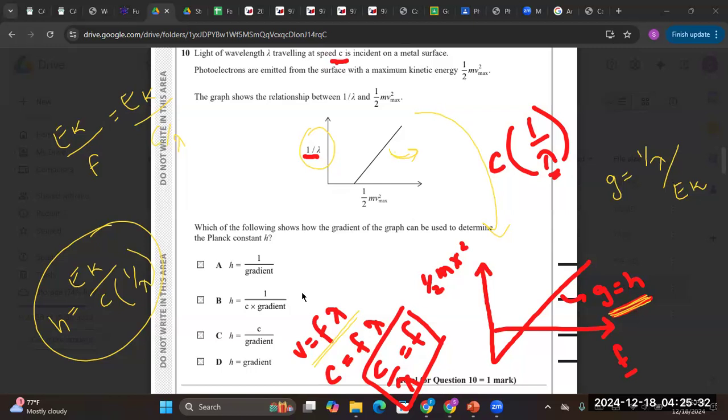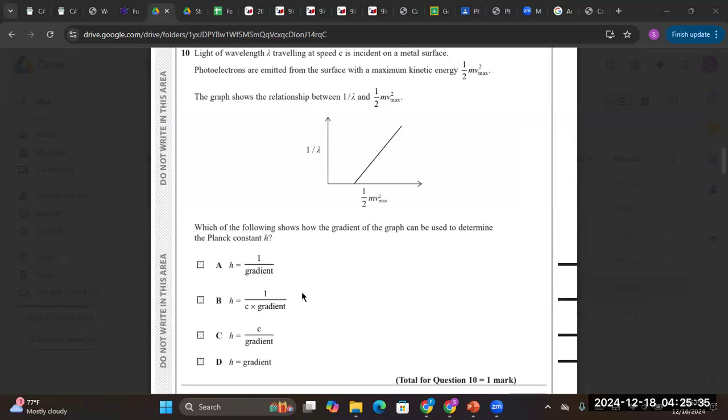Yeah, okay, look. If you remember from our class, in the class, we had kinetic energy on the x-axis and we had frequency on the y-axis. And if you remember, Laiba, I had told you that if you want to find the Planck constant, then just calculate the gradient of the graph.